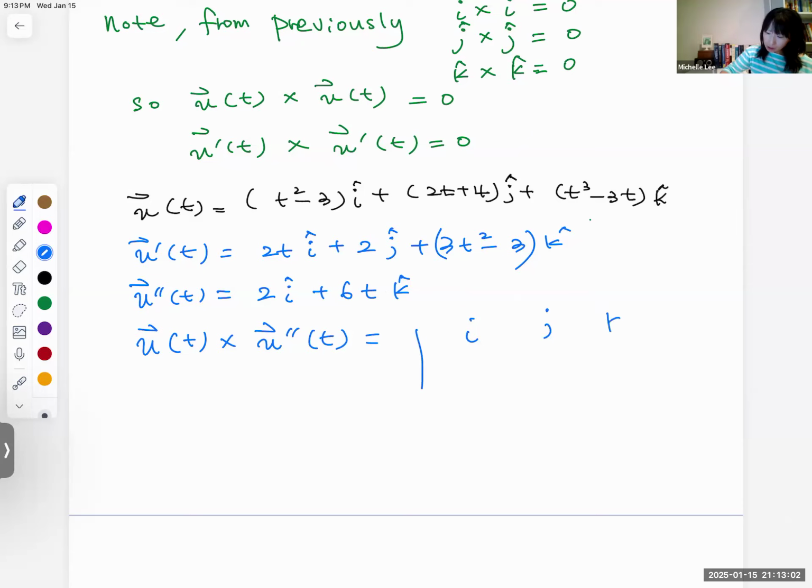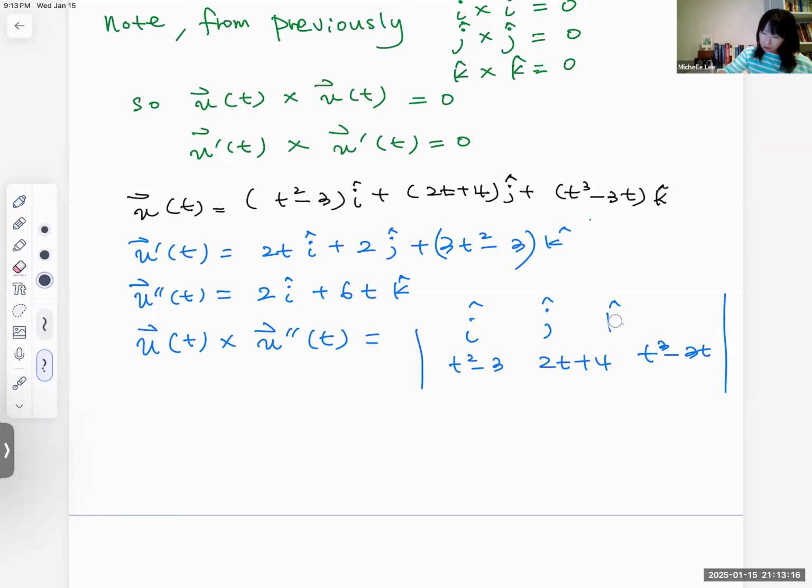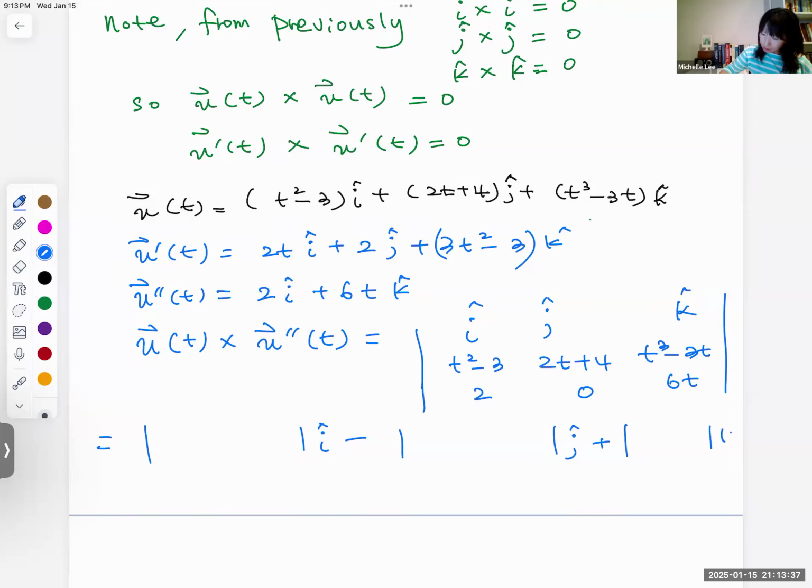So i, j, k; u is t squared minus 3, 2t plus 4, t to the third power minus 3t. And then u second prime is 2, 0, 6t.